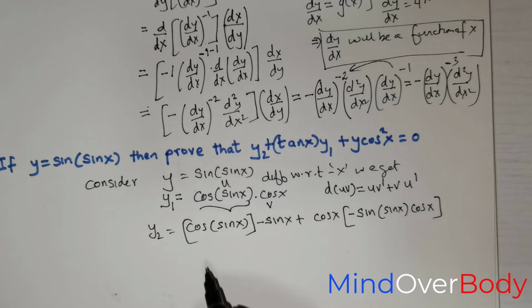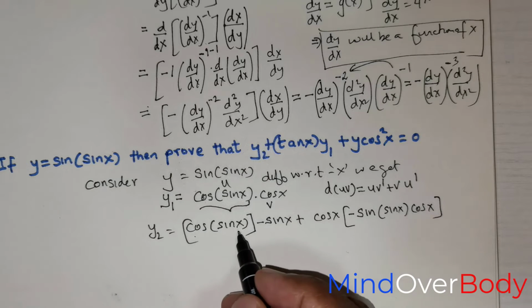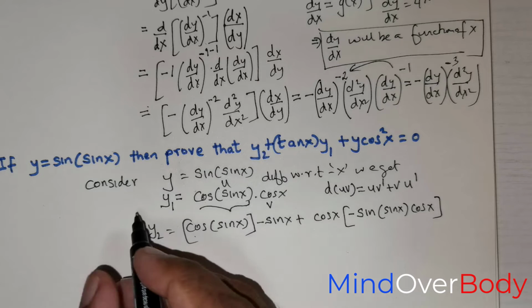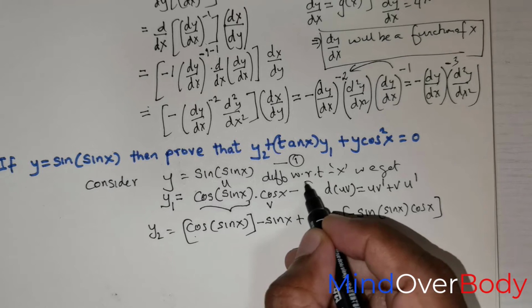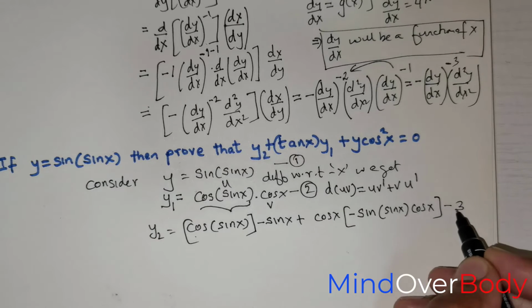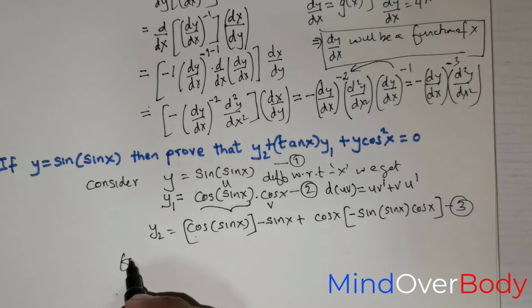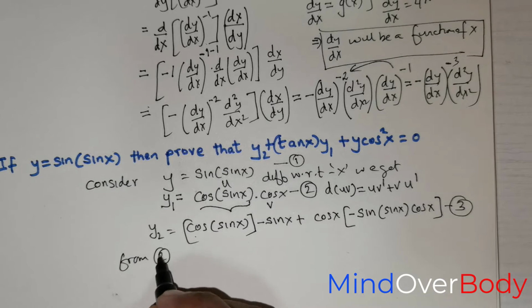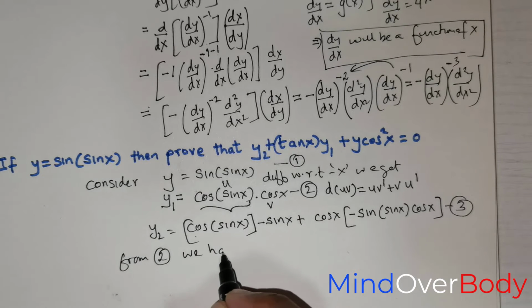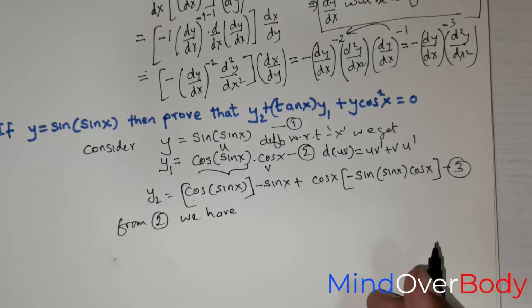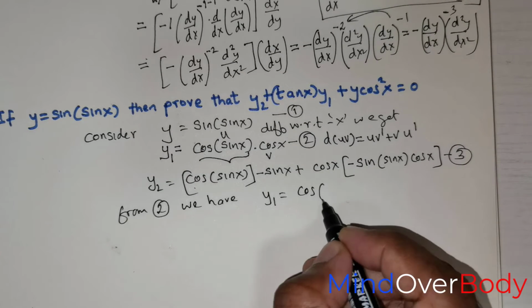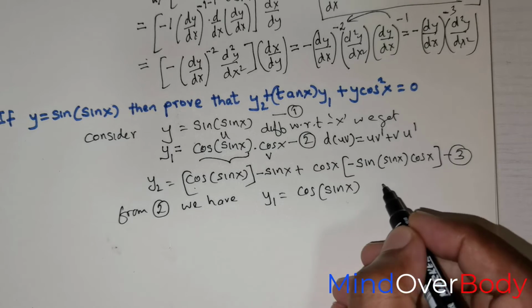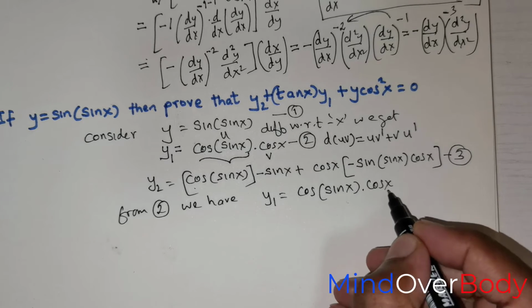Now we have got cos of sin x, right? But I also see cos of sin x. So if I were to take this as 1, this as 2, and this as 3, from 2 we have y1 is equal to cos of sin x times cos x.